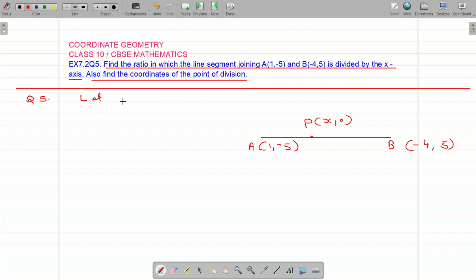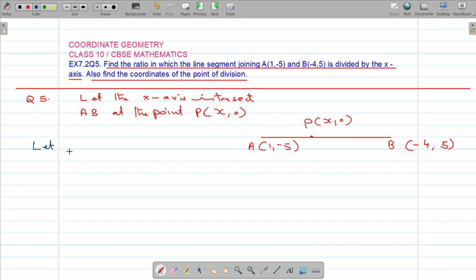Let the x-axis intersect AB at the point P. The coordinates of P are x, 0. Any point on the x-axis, its y-coordinate will be 0.